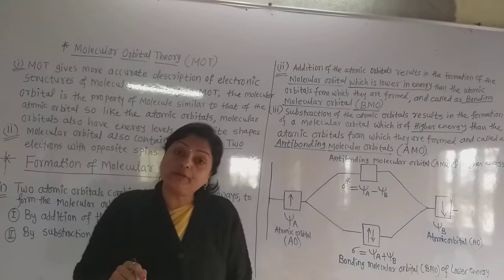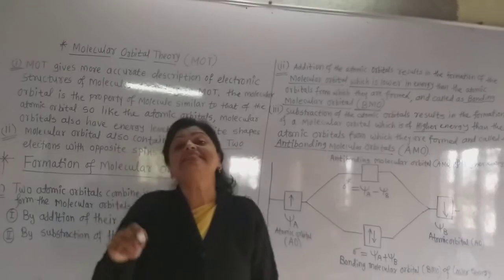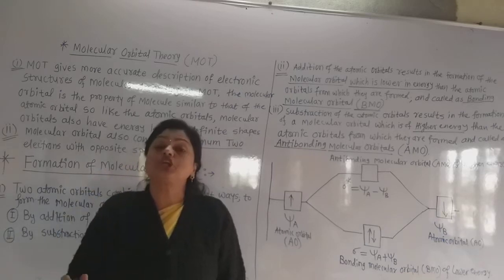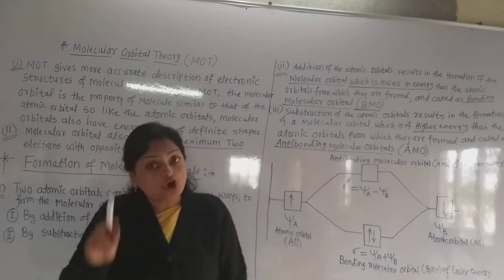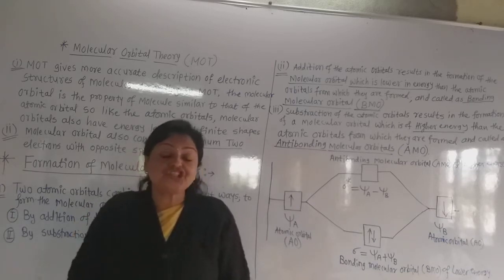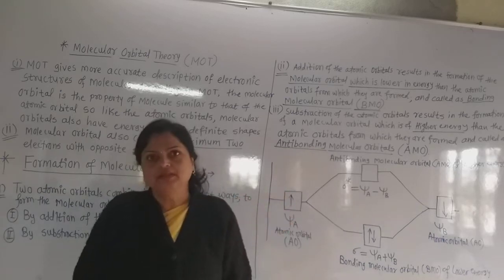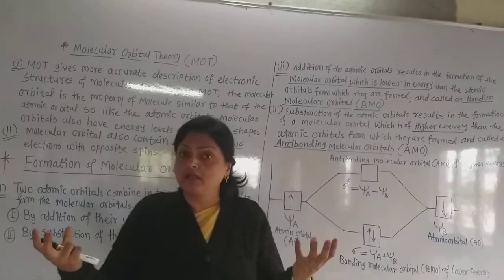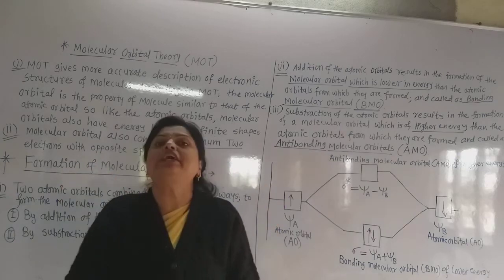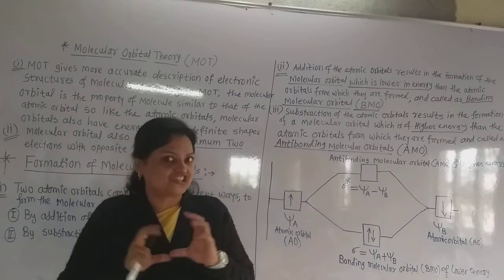So molecular orbitals are more stable when there is addition of their wave functions, because due to the addition, the energy of the molecular orbital becomes low. They have lower energy than the atomic orbitals from which they are formed, because atomic orbitals have more energy than the bonding molecular orbital, in which there is addition of the wave functions.